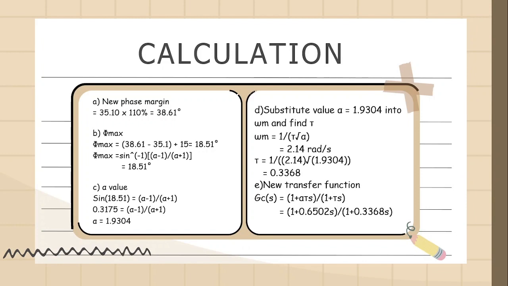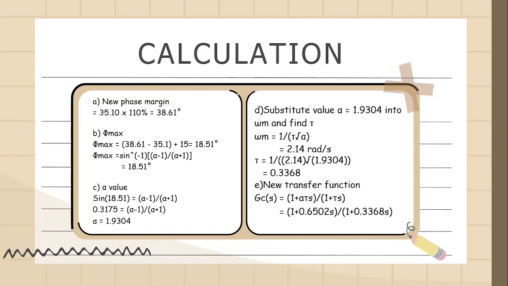Next, we need to find phi max. The formula for phi max is the new phase margin subtracted by the original phase margin, and then we add the safety margin, and then we will get 18.51 degrees. After that, we need to find the value of alpha.